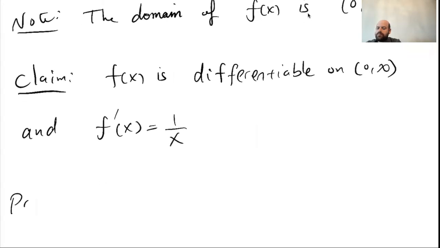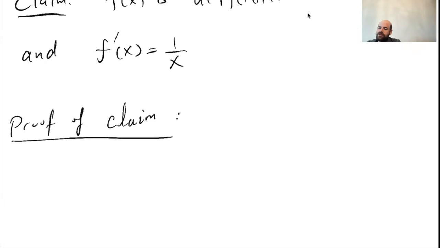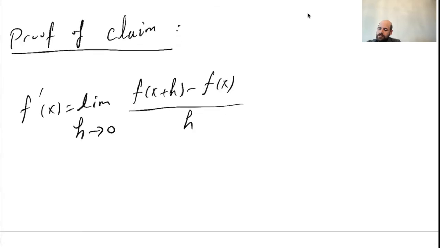Okay, so let's see how we can prove this claim. Proof of the claim. We want f prime of x, so we know that f prime of x is equal to limit f of x plus h minus f of x over h, h approaches to 0. Now, what is that going to be?